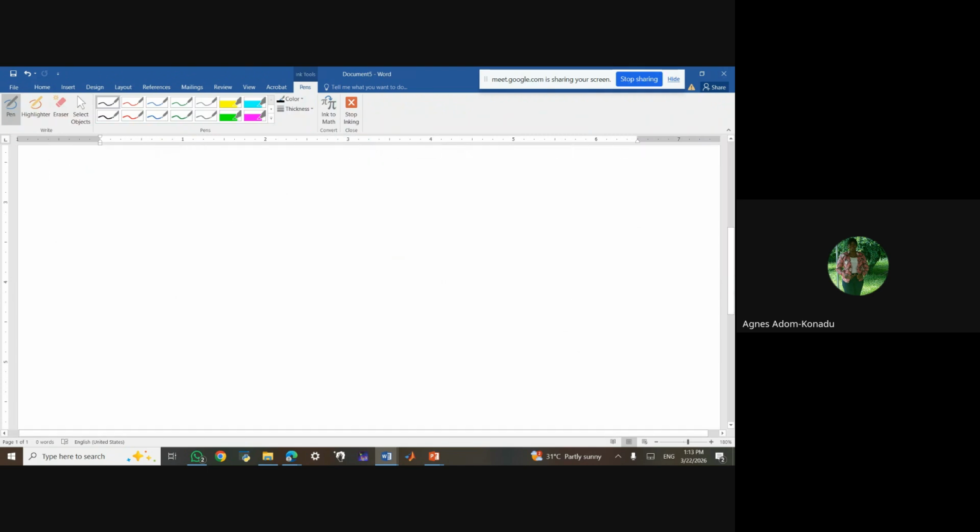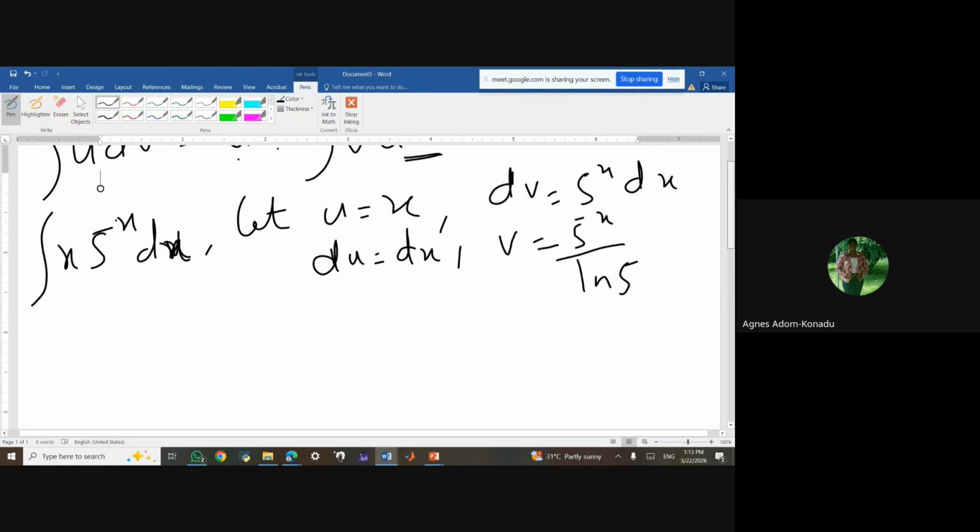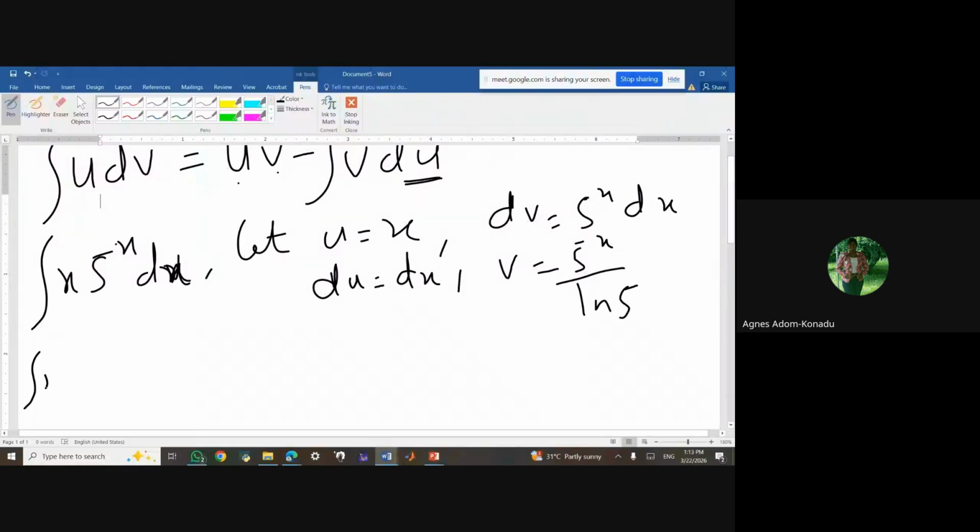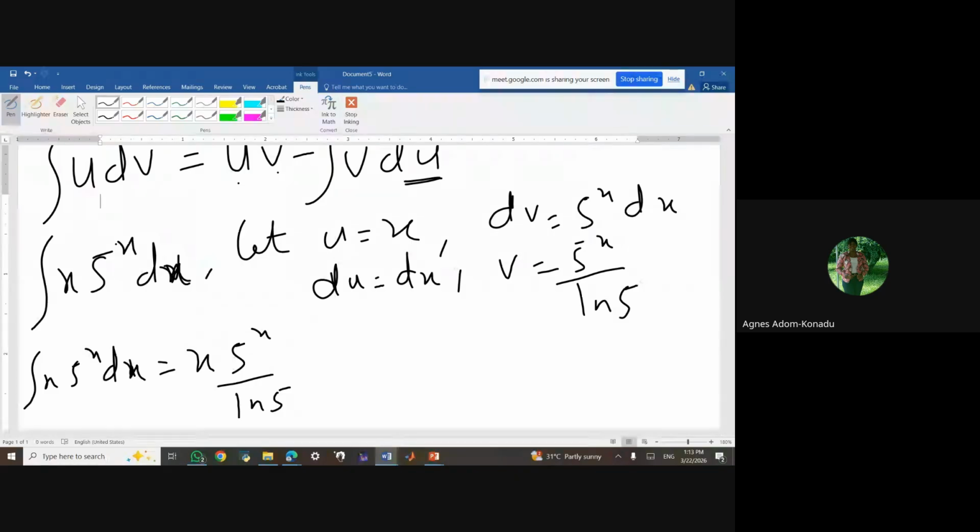So I go back and substitute. The integral of x 5 to the power x dx will be equal to u times v, which is x times 5 to the power x over ln 5, then minus the integral of v du, where v is 5 to the power x over ln 5 and du is dx.